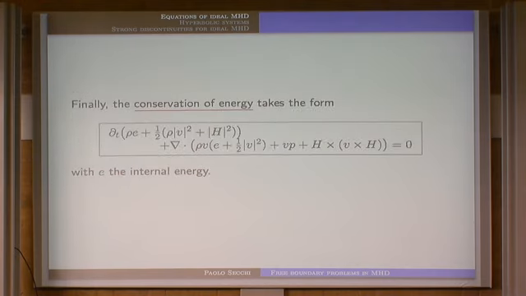And finally, the conservation of energy that now is written in this quite complete form. Again, as a conservation law, because we have derivatives of quantities. And here we have the time derivative of the total energy of the system. Small e is the internal energy. Okay.